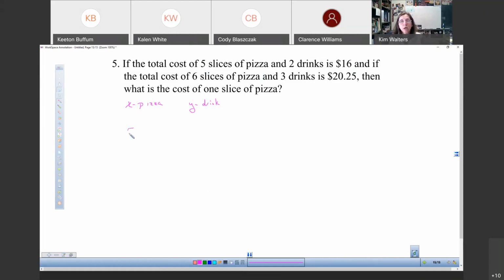So the first equation is going to be 5 pizzas plus 2 drinks is $16. 5x plus 2y is equal to 16. The second sentence is going to give me my second equation. 6 slices of pizza, 3 drinks is $20.25. So 6 slices of pizza plus 3 drinks is $20.25.